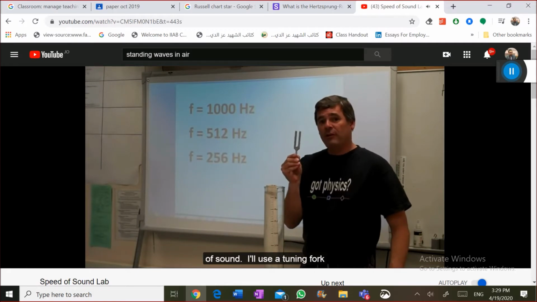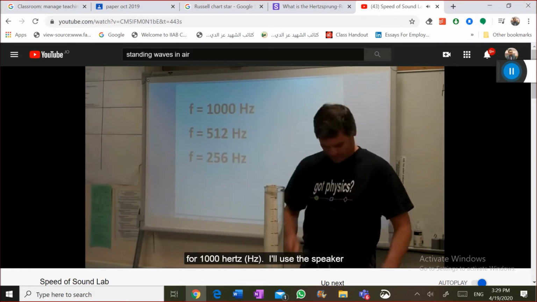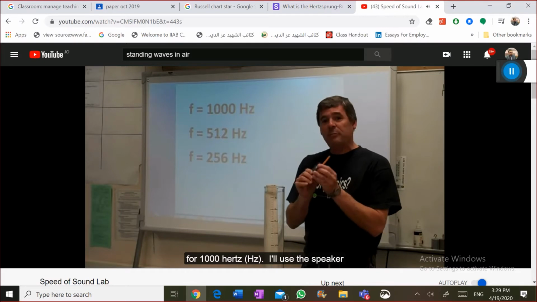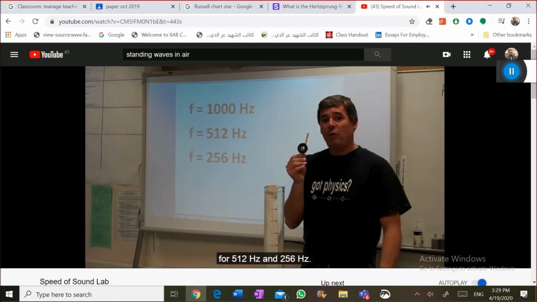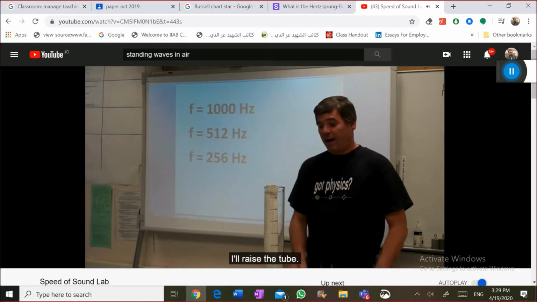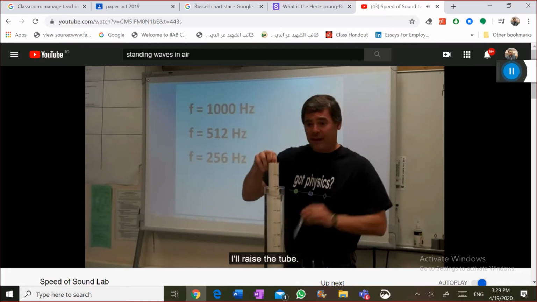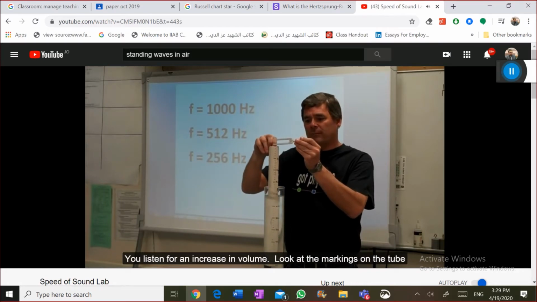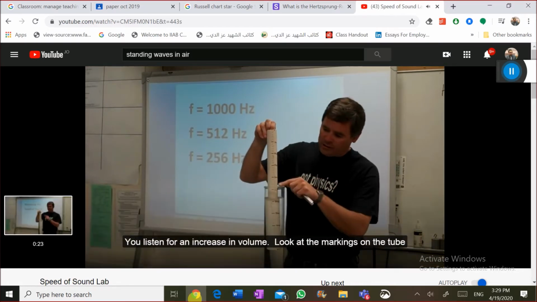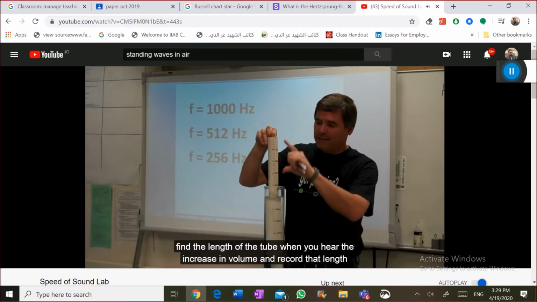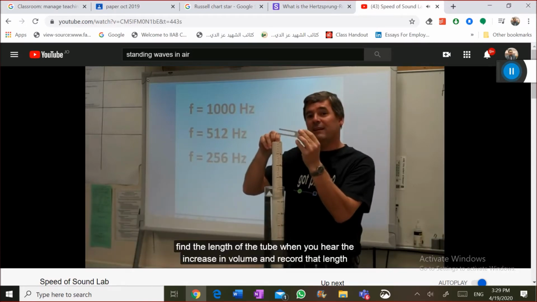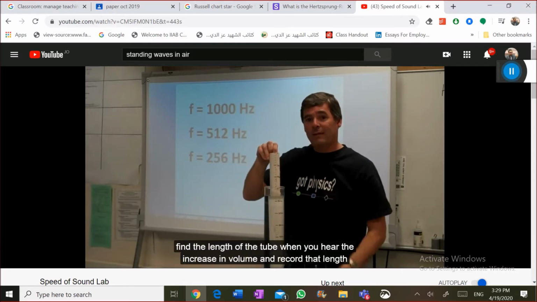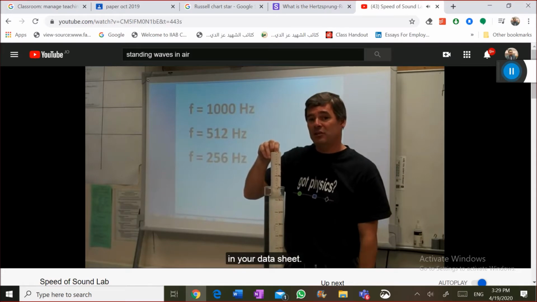I'll use a tuning fork for 1000 hertz, and then I'll use the speaker for 512 hertz and 256 hertz. I'll raise the tube. You listen for an increase in volume. Look at the markings on the tube. Find the length of the tube that you hear the increase in volume and record that length of tube in your data sheet.